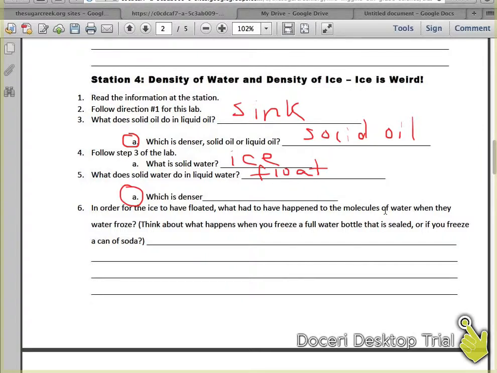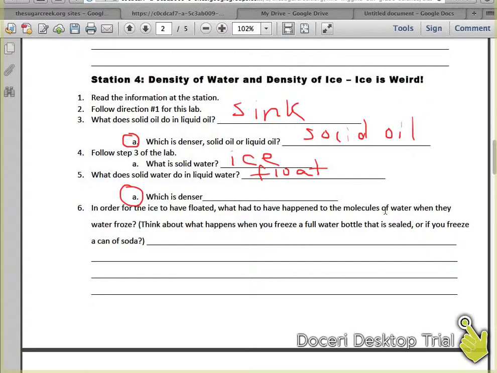So when a question asks, which is denser, I'm asking between what? Solid water and liquid water. Those are the only things that I was looking for. I was getting solid oil, aka oil. I'm like, I don't understand. I had to say between these two substances. I need you to pay attention here. There's nothing out there that's going to help you.